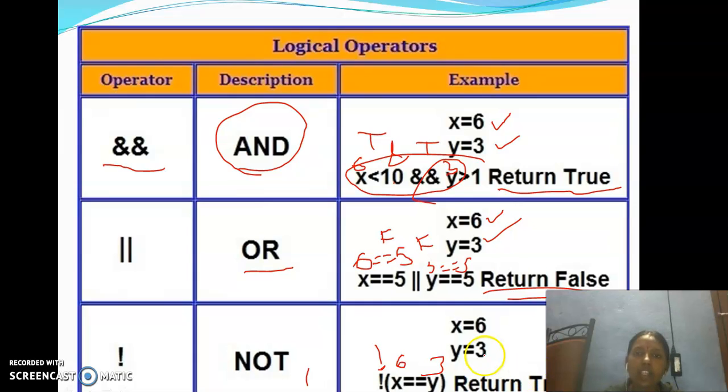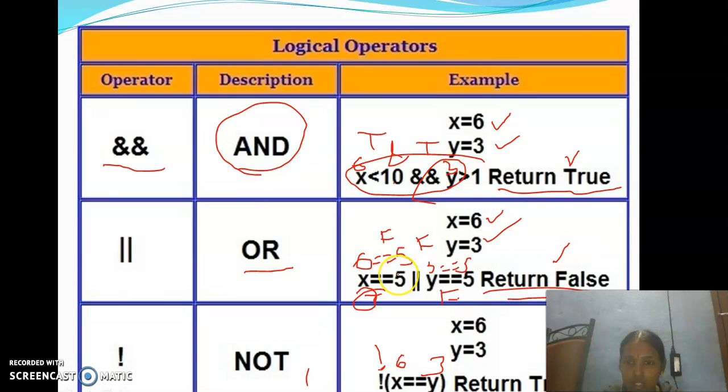So these are the logical operators: AND, OR, NOT. AND means both the conditions must be true, then only it returns true. OR: if both the conditions are false, it returns false. If any one of the conditions is true, consider this is true and this is false, then the output will always be true only.